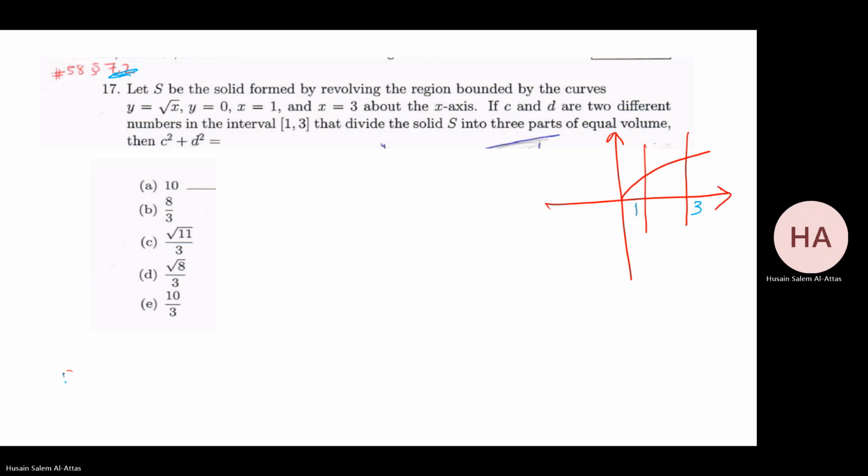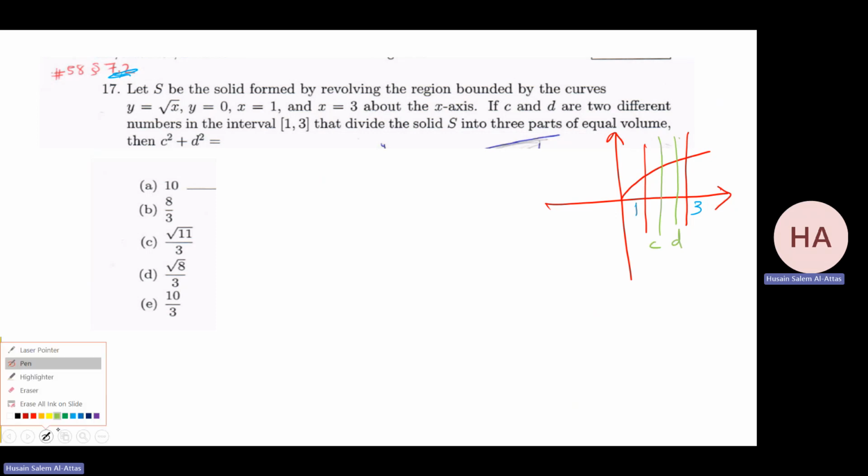So this is C, and this is D. Now I have this is my strip. This is my line. I need first to do the full volume. And I know from 1 to C it will be 1/3 of that. And C to D it will be 1/3 of that. That's it.